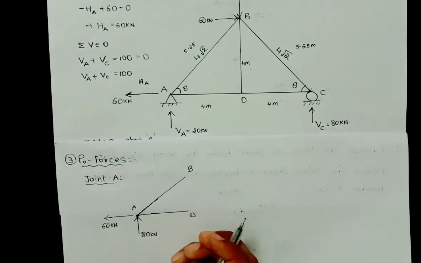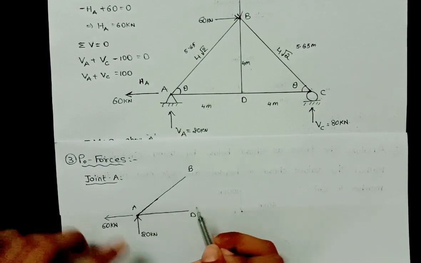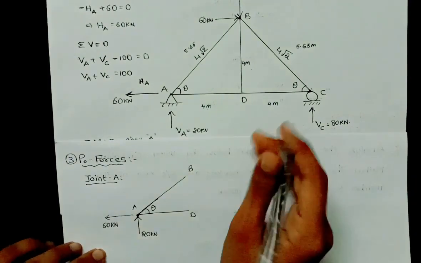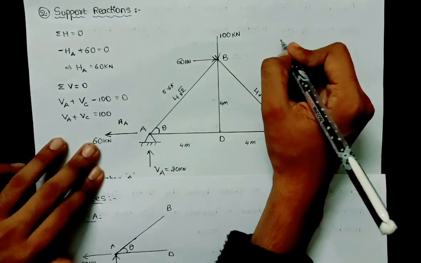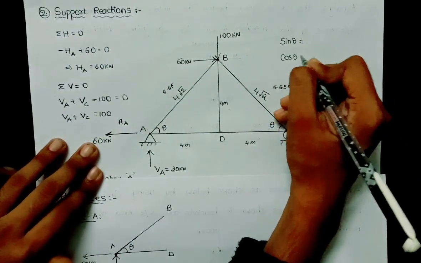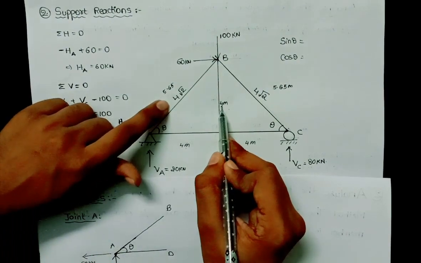Now we should find the forces in member AB and AD. So this is the angle theta. So now initially calculate the values of sin theta and cos theta. So we all know that sin theta is equal to opposite side by hypotenuse.